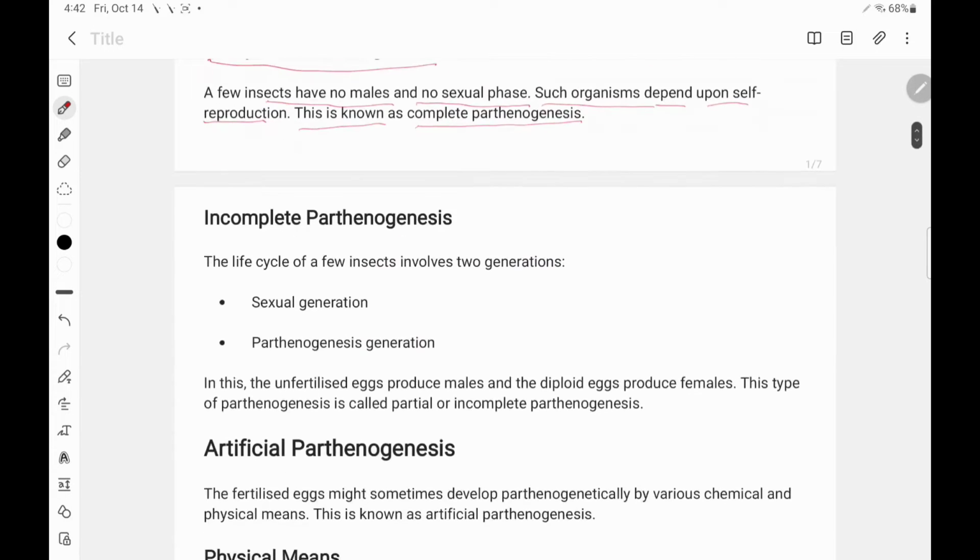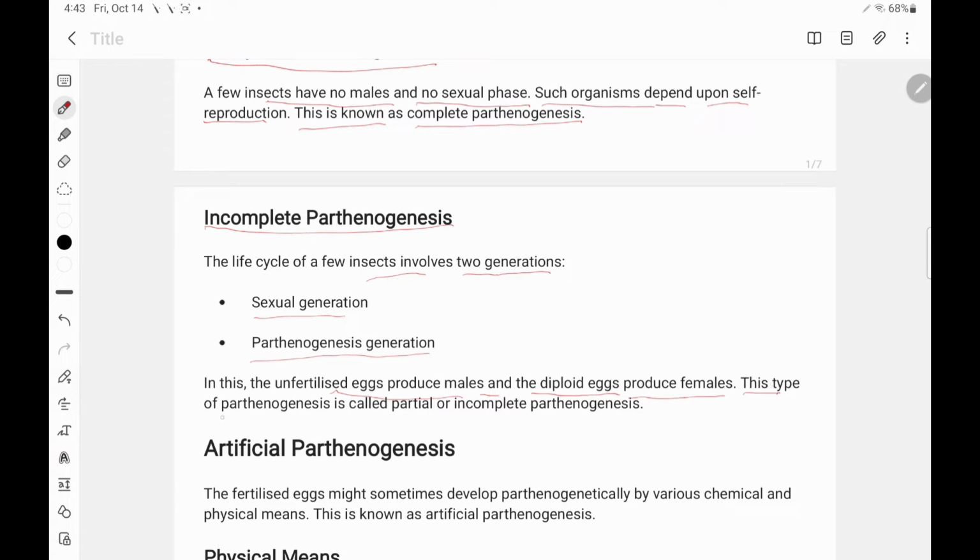Next, incomplete parthenogenesis. The life cycle of a few insects involves two generations: a sexual generation and a parthenogenetic generation. In this, the unfertilized eggs produce males and the diploid eggs produce females.